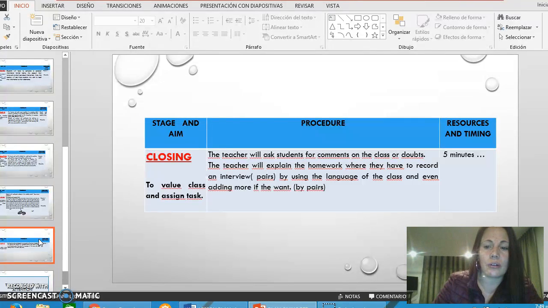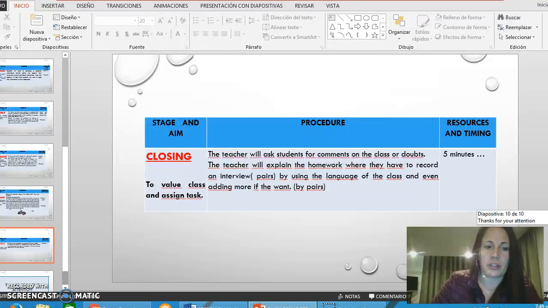And the teacher also will receive the activities from Edmodo, because in my school we are working with the Edmodo platform. And I have 5 minutes in this part of the class, to complete the 50 minutes I plan to work with them.